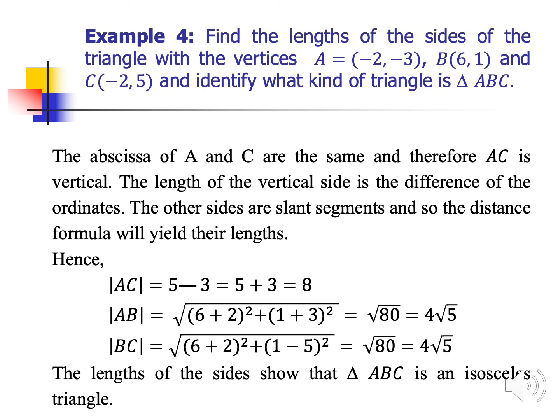Then for AB, we have 6 minus negative 2, so that's 6 plus 2, and 1 minus negative 3, or 1 plus 3.